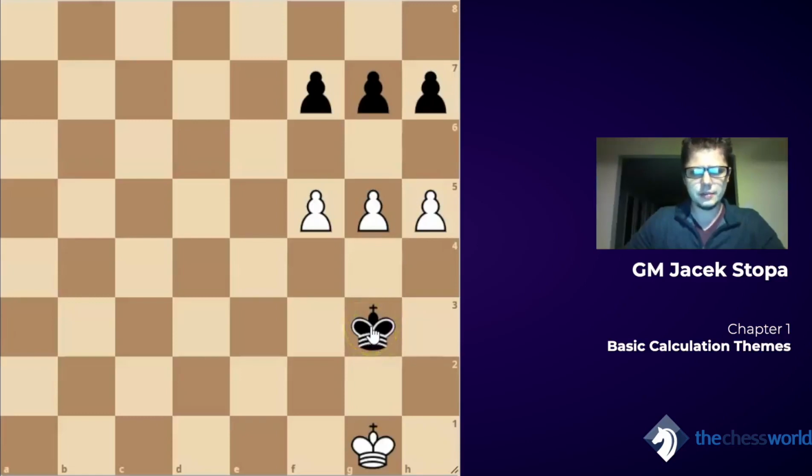Tactics is basically something inherent to the game of chess. We deal with it pretty much on every single move. There is some calculation to be made. We know that the positions branch out very fast. Somebody asks you how far you can calculate.